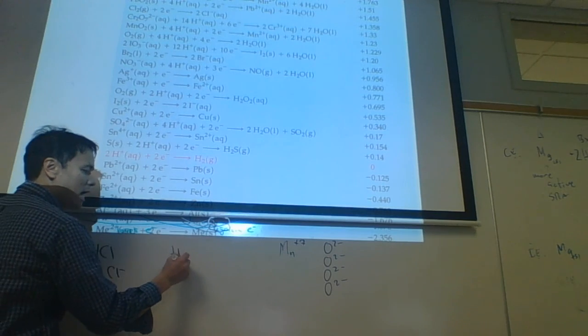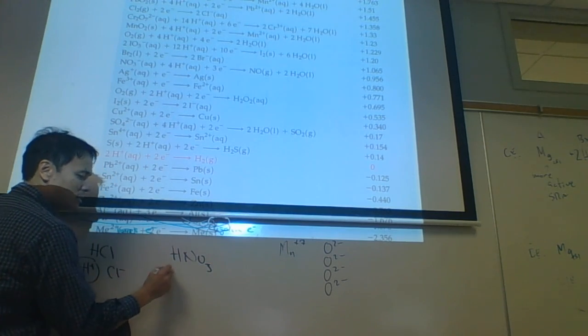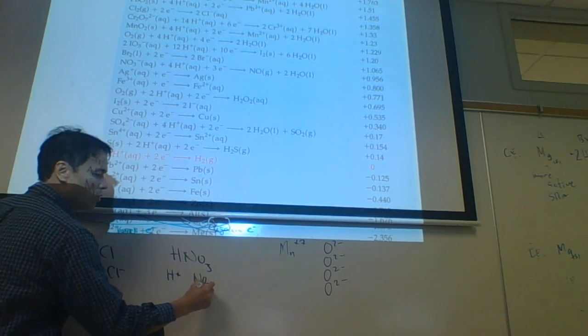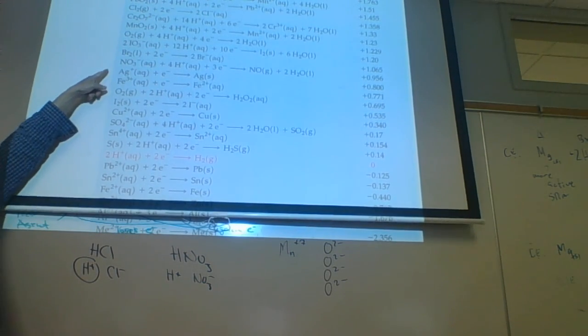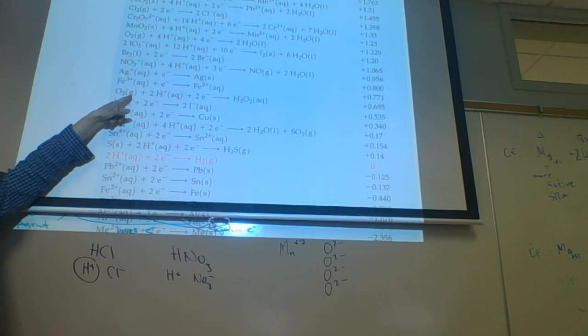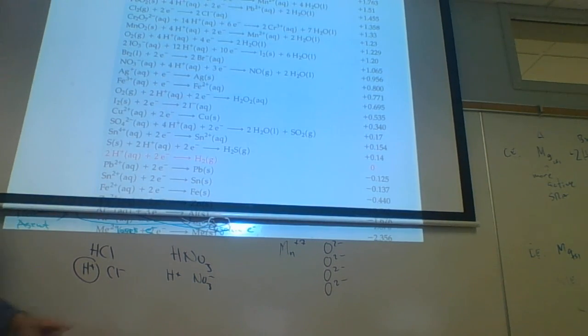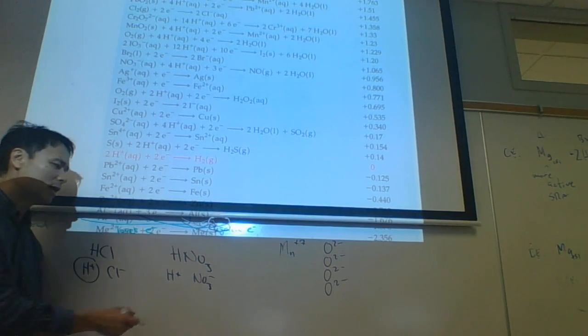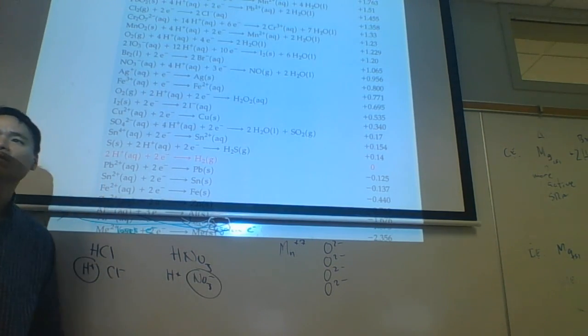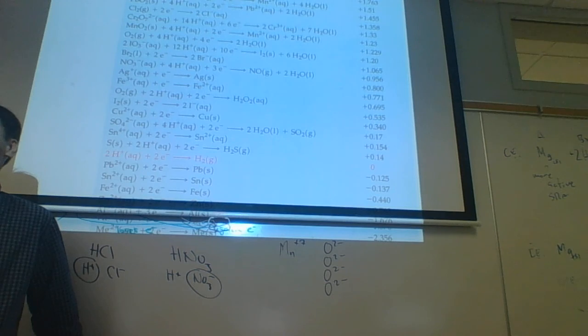But nitric acid consists of H plus and nitrate. Which one wants electrons more, H plus or nitrate? Nitrate wants electrons more. And so do you think nitrate's going to be happy being a spectator? Nitrate is totally unhappy being a spectator, therefore single replacement fails.